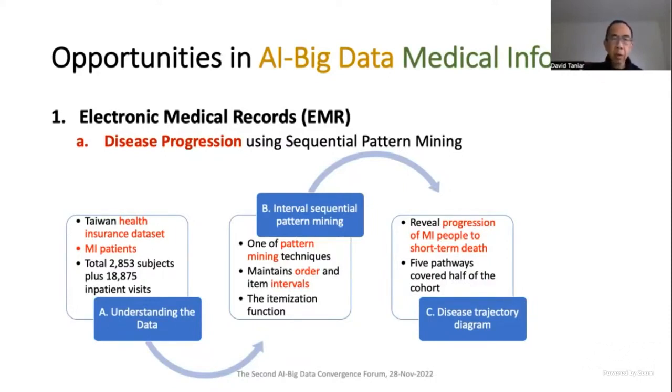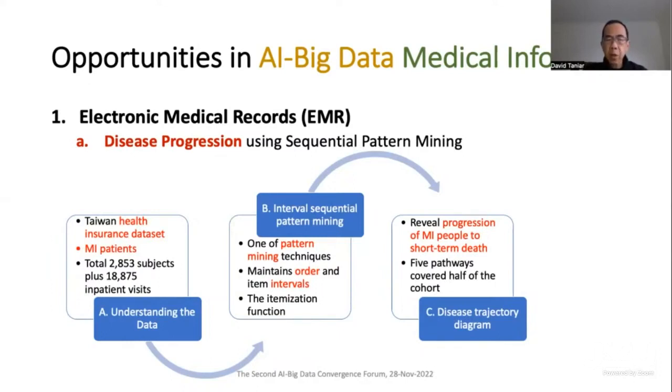Our team had access to a health data set from Taiwan, consisting of more than 2,000 patients and almost 20,000 hospital visits. After data pre-processing, we applied sequential pattern mining, which is a well-known data mining technique, to find disease progression.